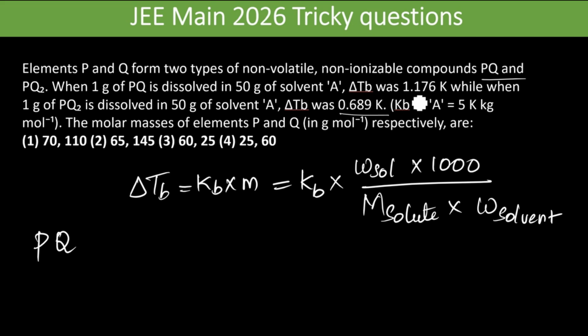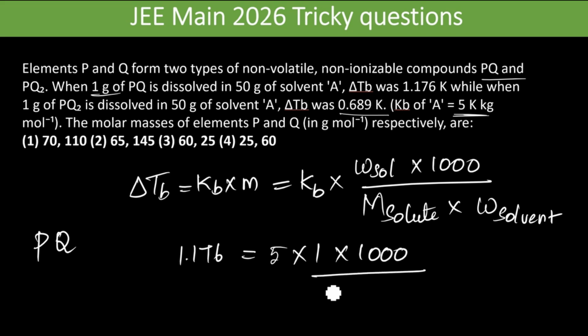For PQ, delta Tb is 1.176, which is equal to Kb of A, that is 5, into the weight of 1 gram of PQ into 1000 divided by the molar mass, which I don't know, into 50 gram of the solvent. So what will you get as the molecular mass of solute? That is 85.